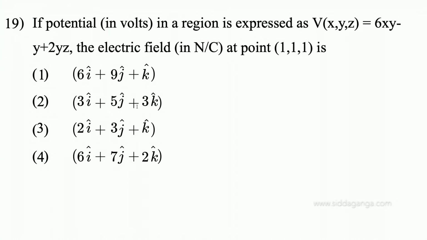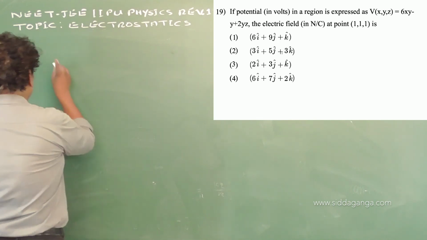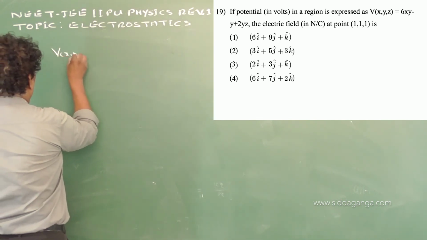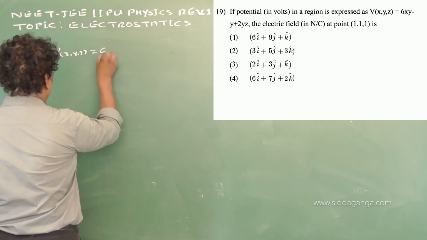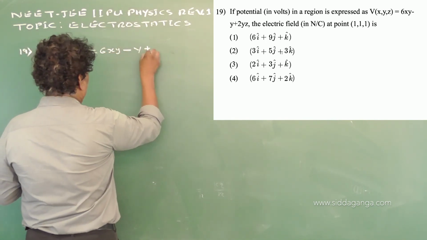Now question number 19. If potential in volt in a region is expressed as V of x, y, z is equal to 6xy minus y plus 2yz, the electric field in newton per coulomb at point 1, 1, 1 is?